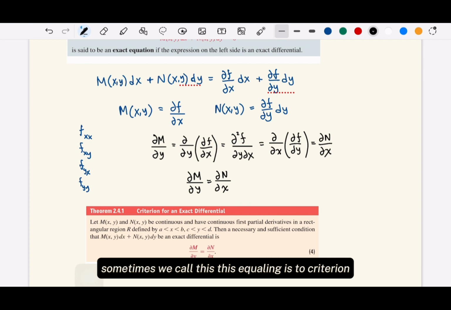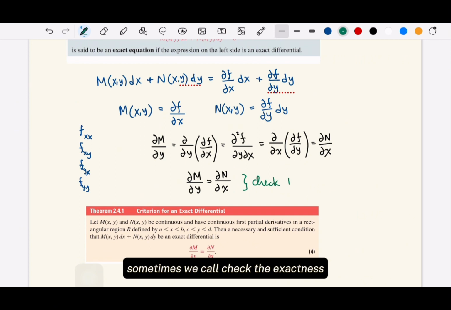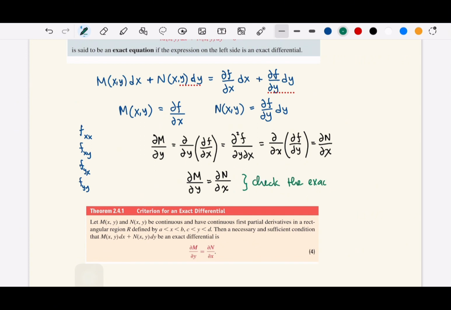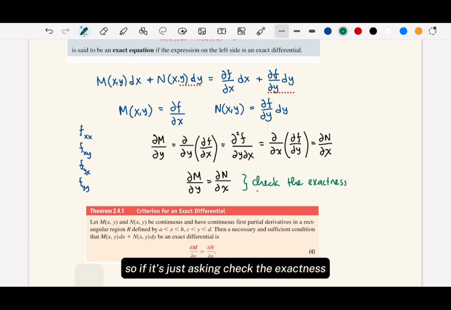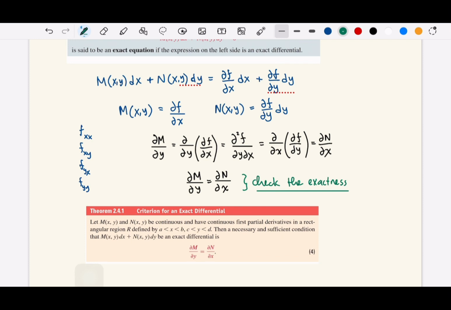Sometimes we call equaling these two criteria checking the exactness. So if it's just asking to check the exactness, then you just equate these two, and if it's equal, then you say, oh, it's exact. If not, it's not an exact differential, or it's not an exact equation.